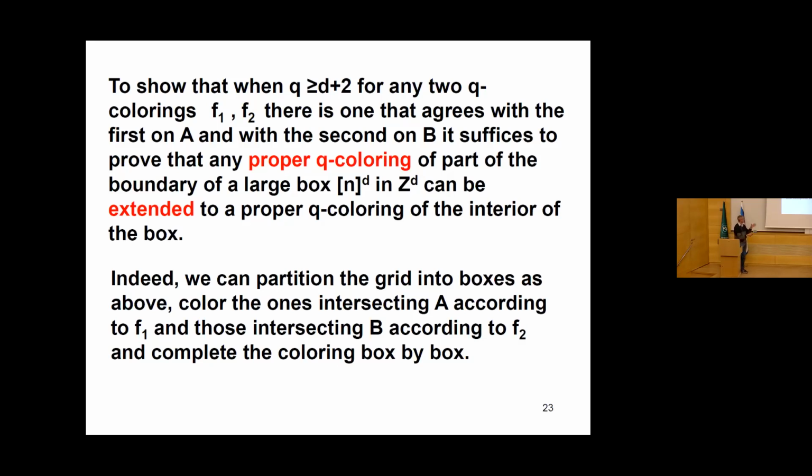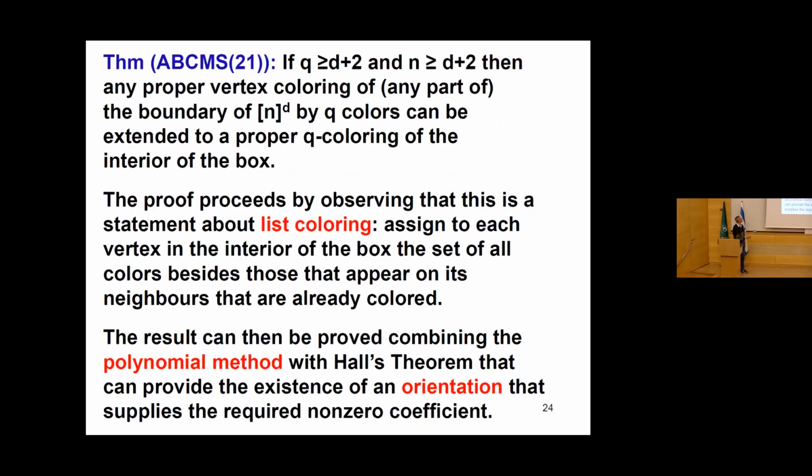And indeed, this is because we can partition the grid into such boxes, color the ones that intersect A according to F1, the ones that intersect B according to F2, and because A and B are far, no box will intersect both of them. And then we can complete the coloring box by box, and whenever we reach a new box, only part of its boundary is colored, and we have to extend it. So we have to prove this thing.